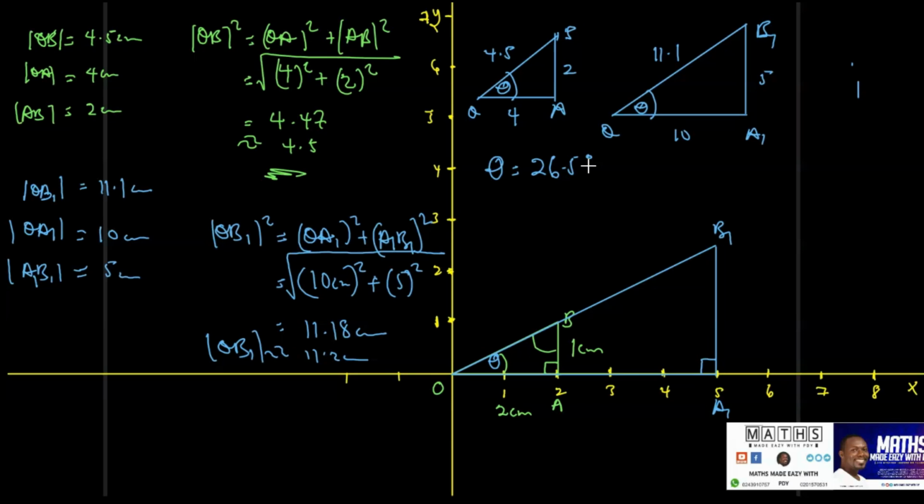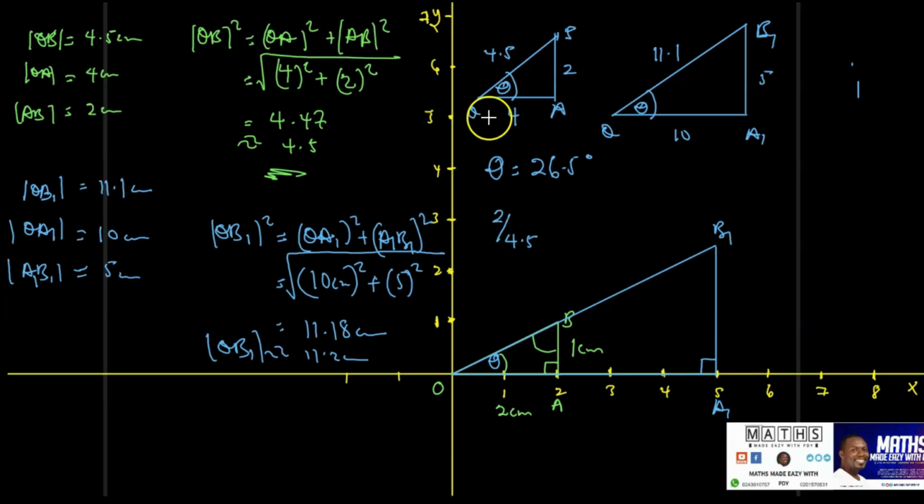Take your calculator. Are you all ready with your calculator? Because you are going to do some operations for me. All right. So if the angle is 26.5, one ratio is 2/4.5.